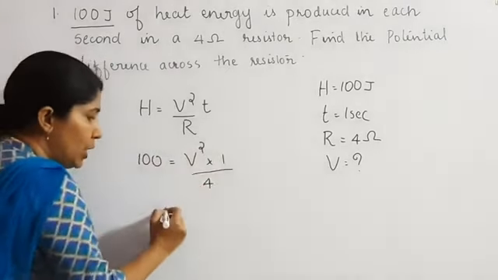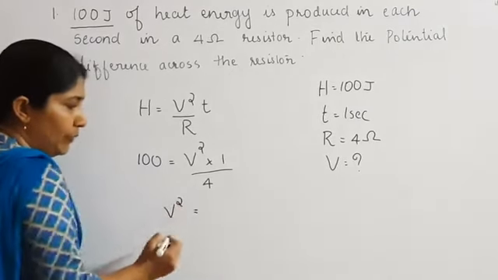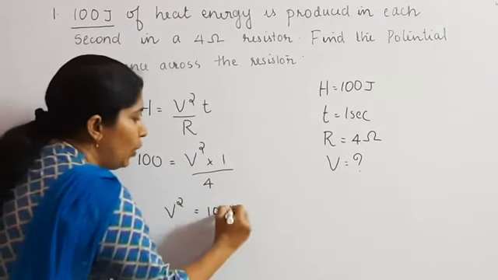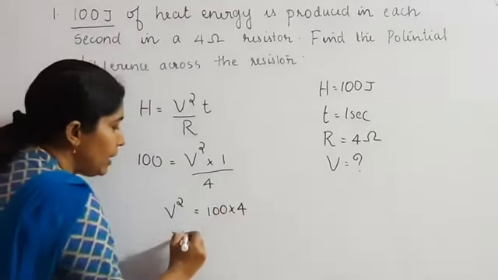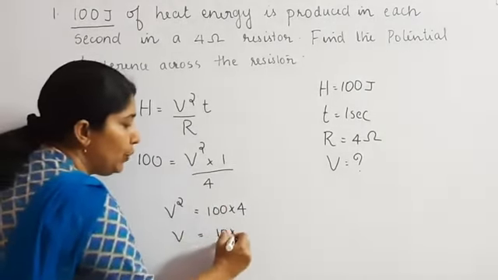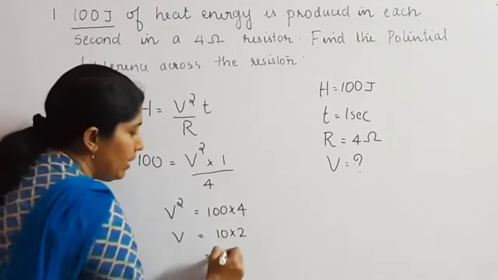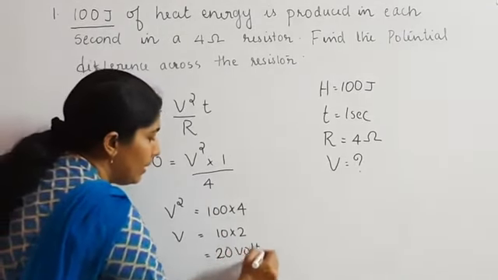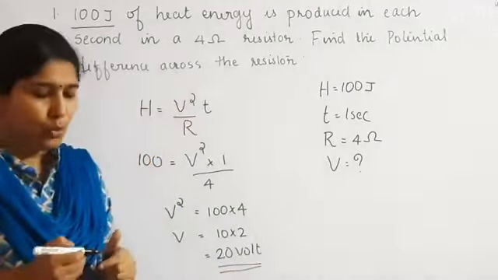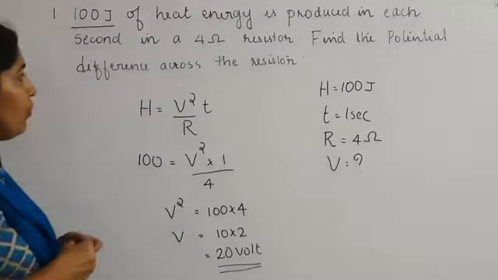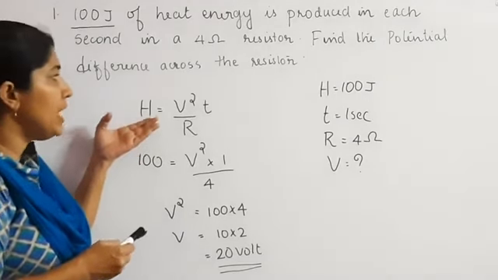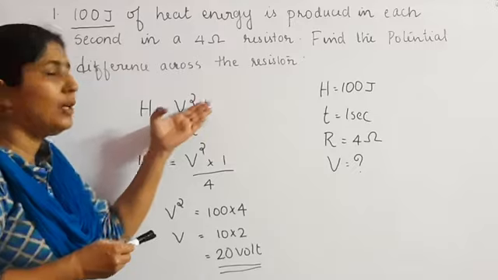On rearranging, V square is equal to 100 into 4, that is 400. Then on taking the square root, V is equal to 20. 20 volt is the potential difference across the resistor. It's a very simple question if you know the equation for the heat energy, H is equal to V square divided by R into T.